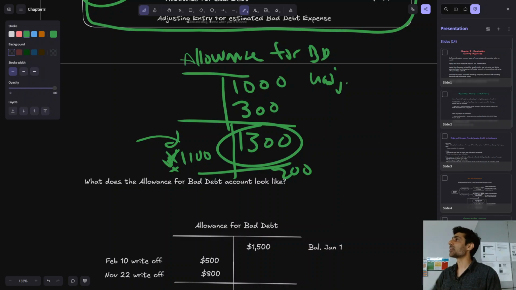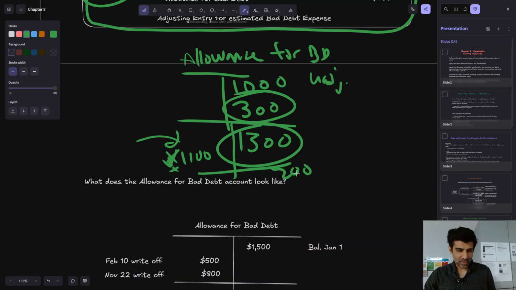Then we'll have another adjusting entry at the end of that year, and it'll just keep rolling down. But as I mentioned, there's no self-correcting thing, because this $300 is not based on the accounts receivable. It's based on the sales that happen in that period. So if we're overestimating, this thing can keep growing.